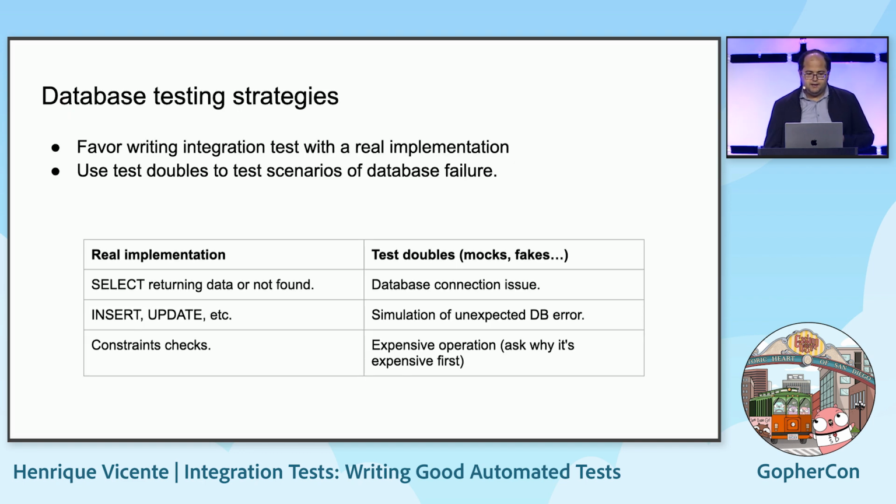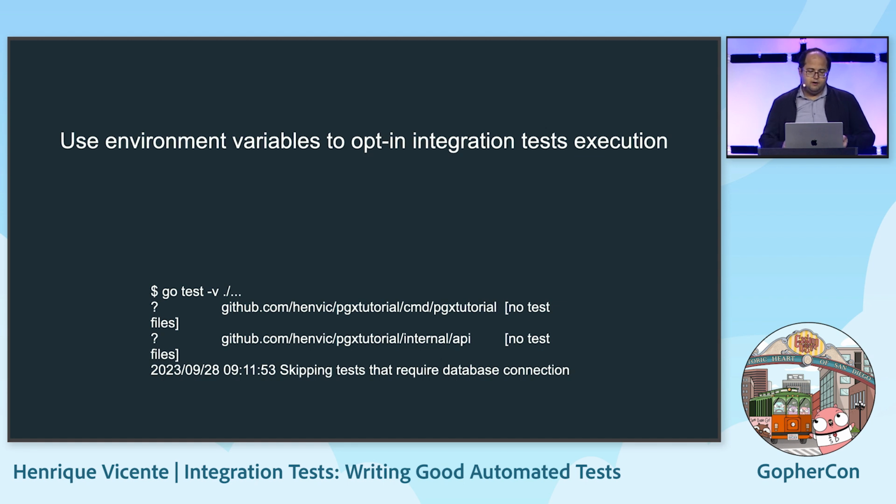For example, my experience in this area is mostly with databases, mainly Postgres, and I'm going to show how you can do it. For instance, I recommend that you use environment variables to execute integration tests with any resources that might not be promptly available, such as a Postgres instance, MySQL, or any other.